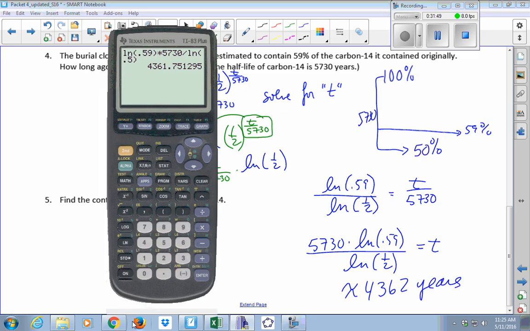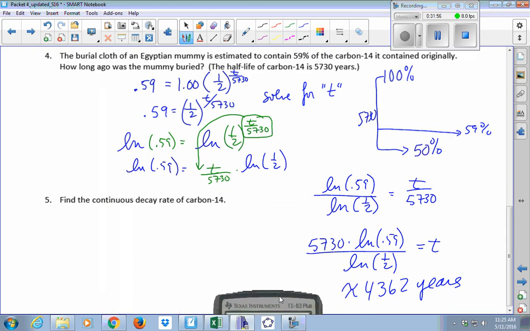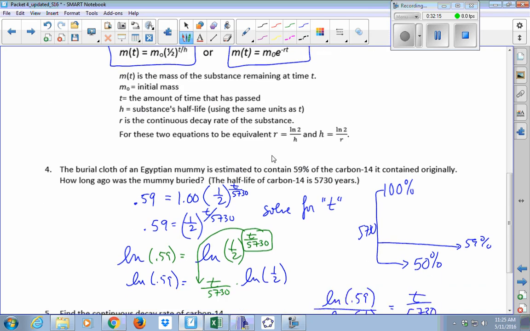Okay. So that's how you would use the half-life formula for a problem using carbon-14. If you wanted to use the other equation, which is M of t equals M sub naught e to the negative rt, you'd have to know what r is.